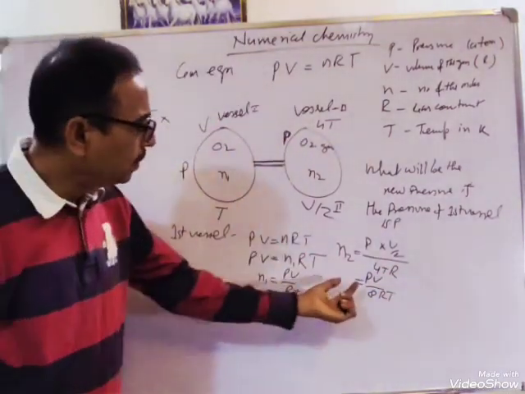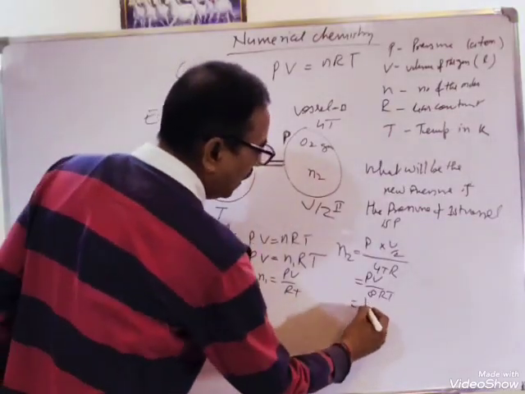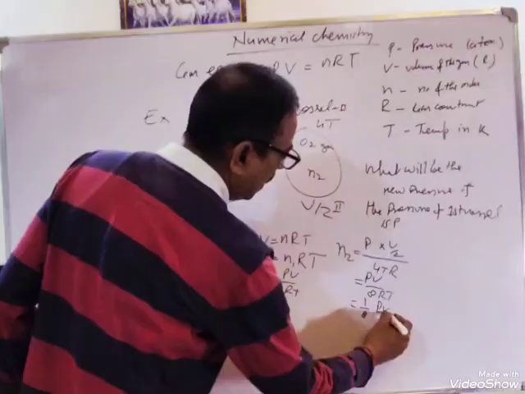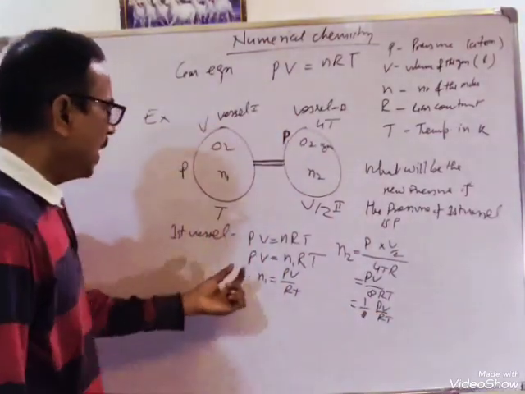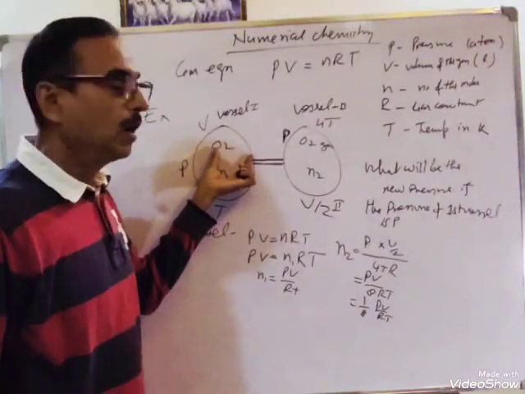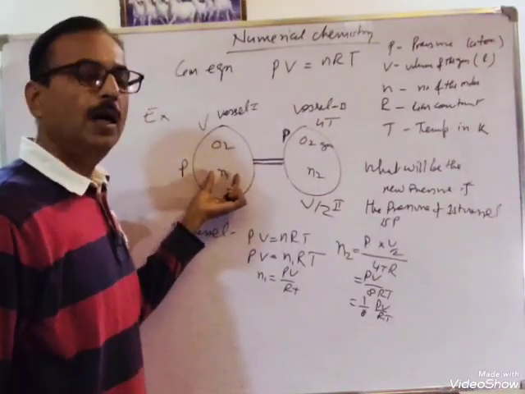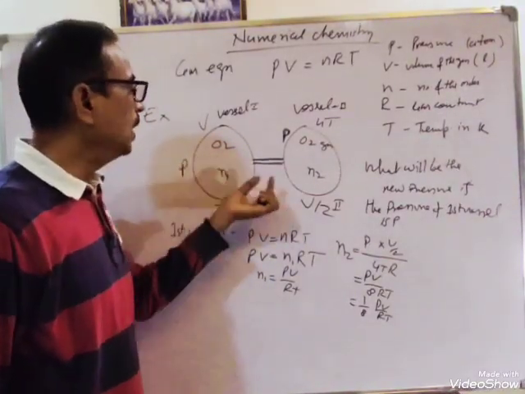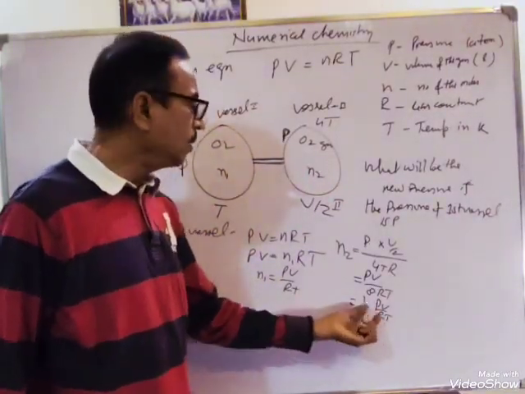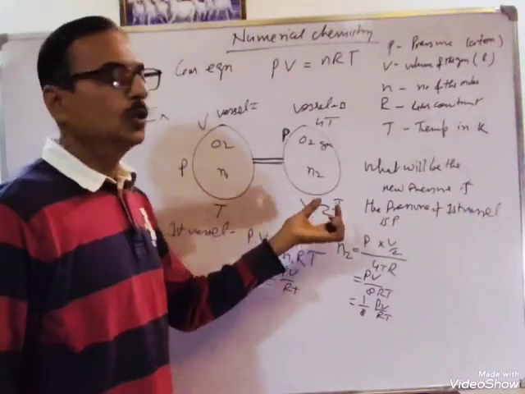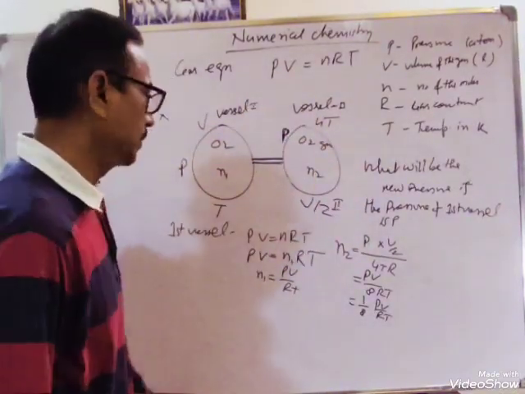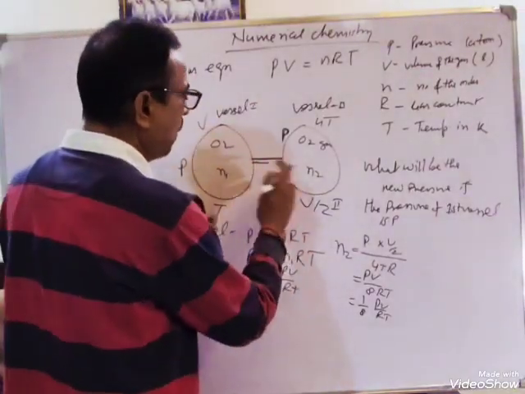So the number of moles will be 1 by 8 of PV by RT. It means if N1 is the number of moles of oxygen in the first vessel, then the second vessel has 1/8 of the moles of the first vessel. This is the first condition, before joining the two vessels, when they are separate.